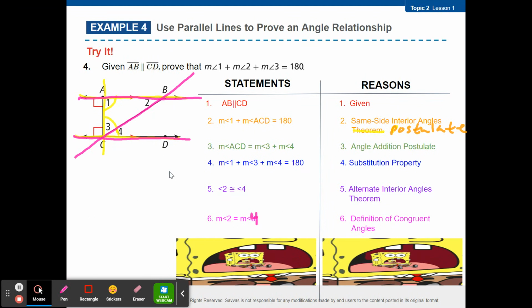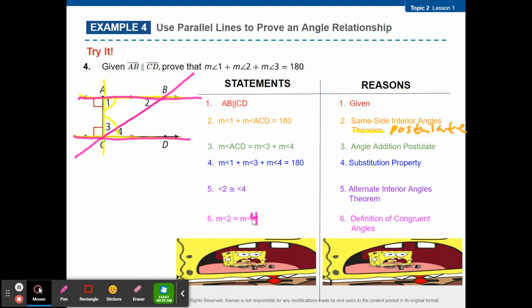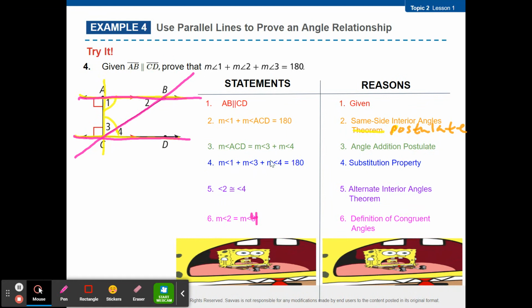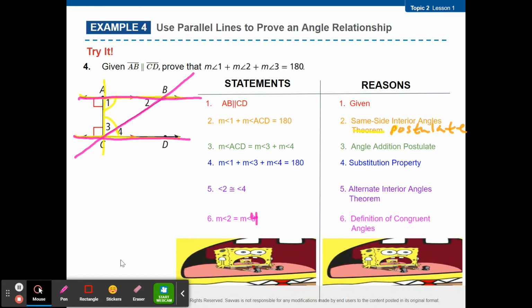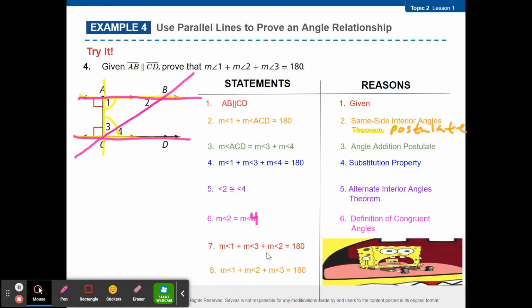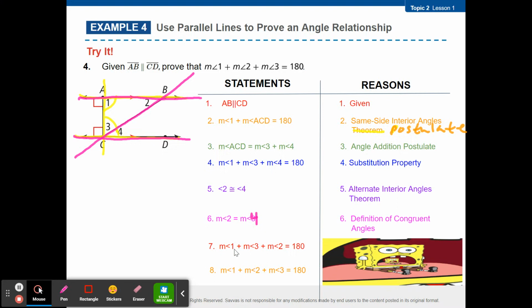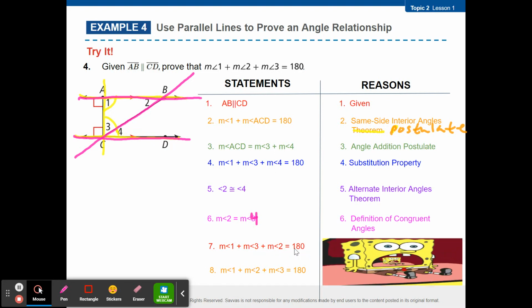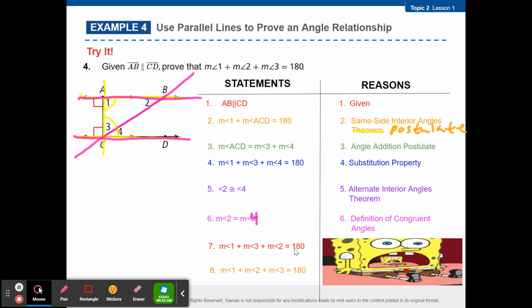All right. So I am taking this measure of angle 2 and substituting it into the measure of angle 4 here. So that is our substitution property. All right. So we're having the measure of angle 1 plus the measure of angle 3 plus the measure of angle 2 equals 180. Now, remember when I said before that we have to make it look exactly like how they want us to prove it?